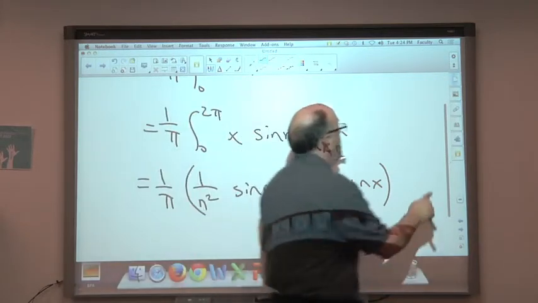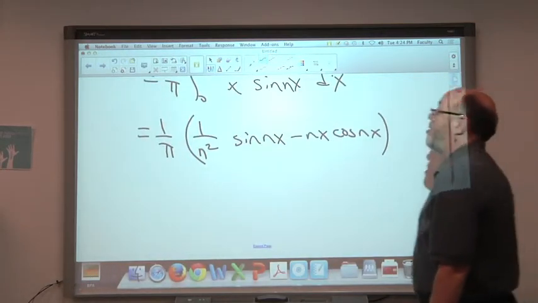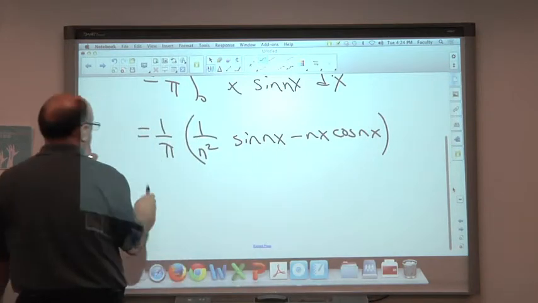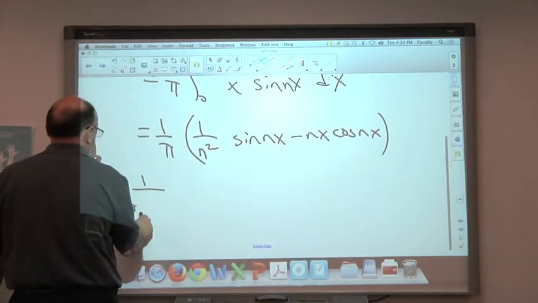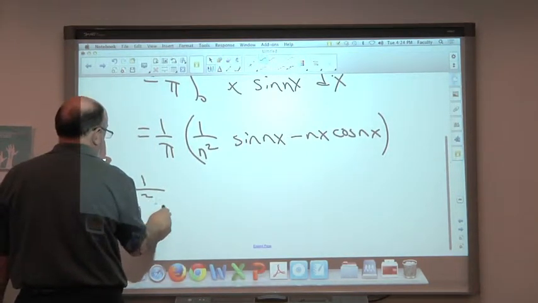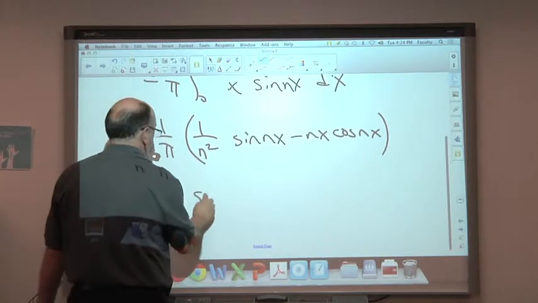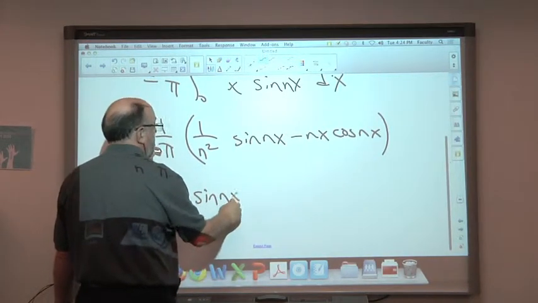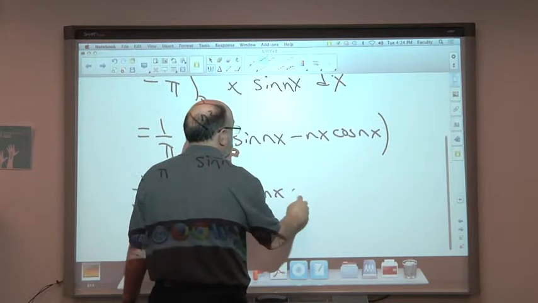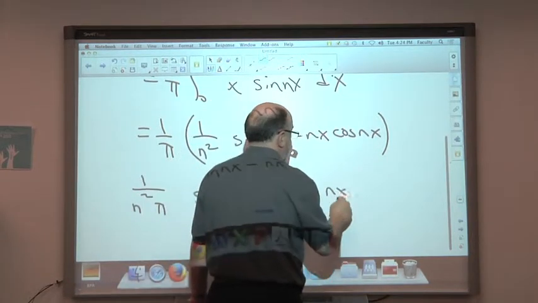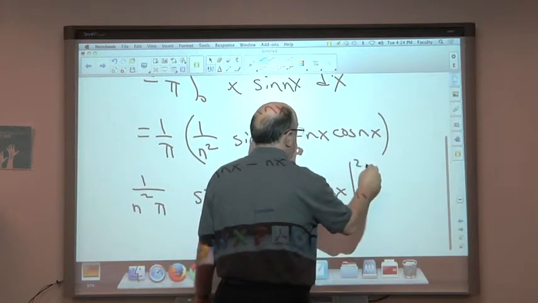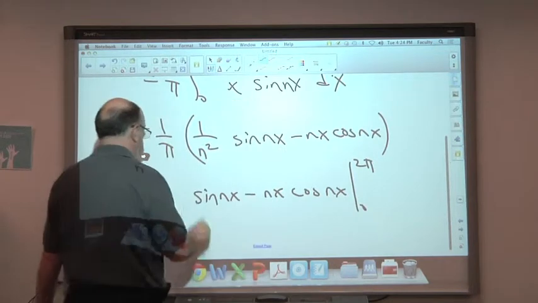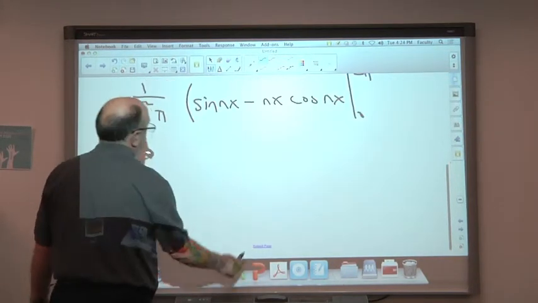And this we can combine a little bit, and so we end up with 1 over n squared pi, sine nx minus nx cosine nx, from 0 to 2 pi. And again, we can evaluate this.